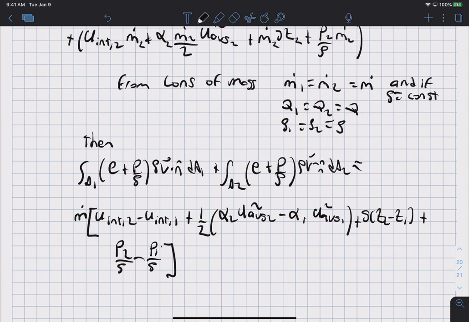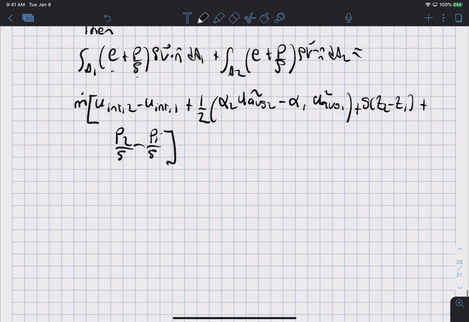Okay, and this equals the entire surface integral of E plus P over rho times rho V dot n hat dA.